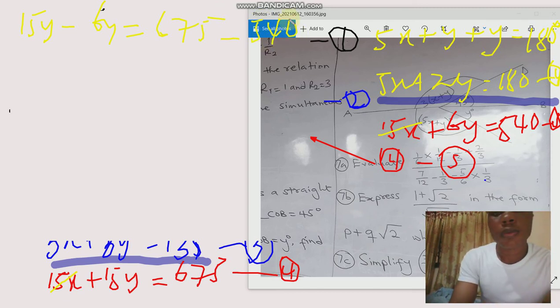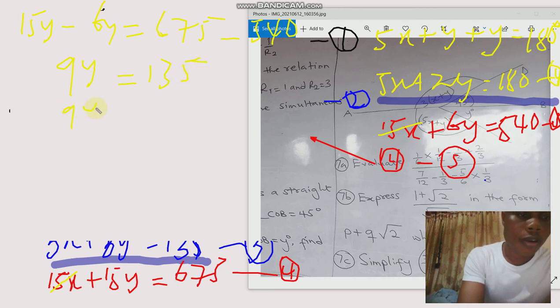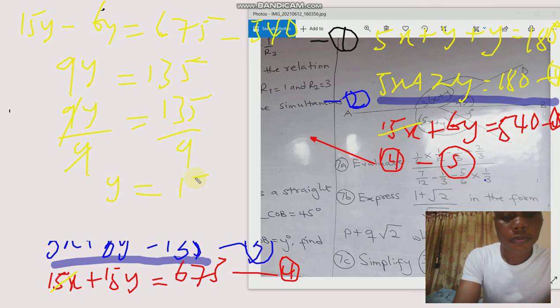That gives me 9y equals 135. I need y and not 9y, so I divide by 9. So y equals 15.